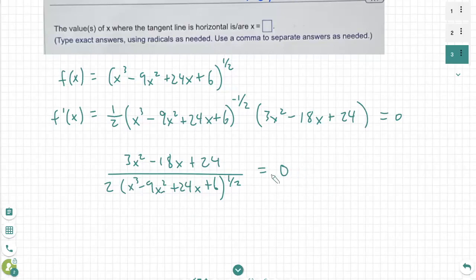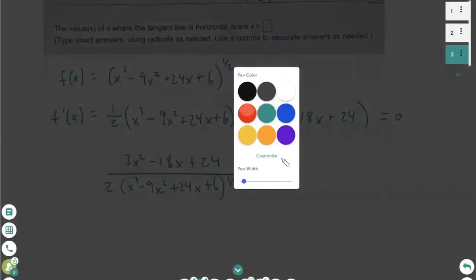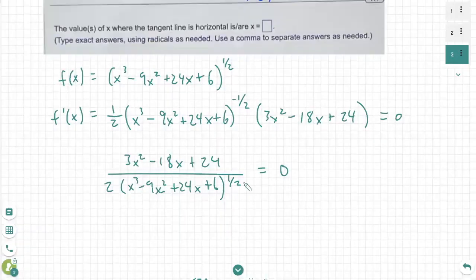So what's going to happen? They're going to cancel out. So what's left over? The 3x squared. It's just going to be that part equals 0. And that should make sense because 0 over anything is going to equal 0. So if you have a fraction that's equal to 0, the denominator is not relevant.